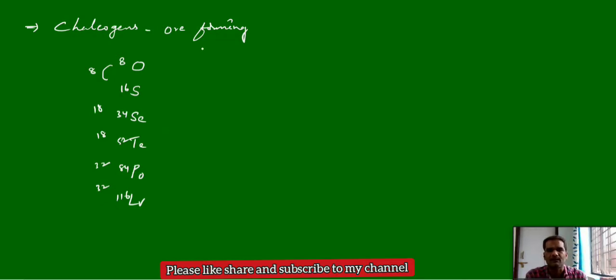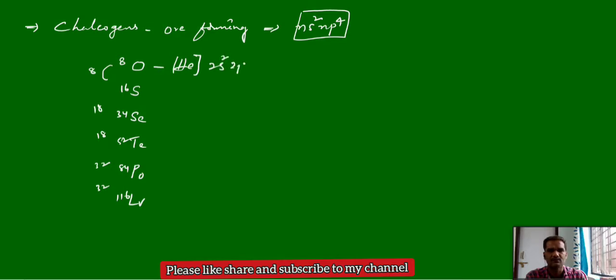And their electronic configuration. The general valence shell electronic configuration of the oxygen family, or 16th group, is ns2 np4. Now we can write accordingly. Oxygen, condensed electronic configuration: helium 2s2 2p4, as it belongs to the second period.